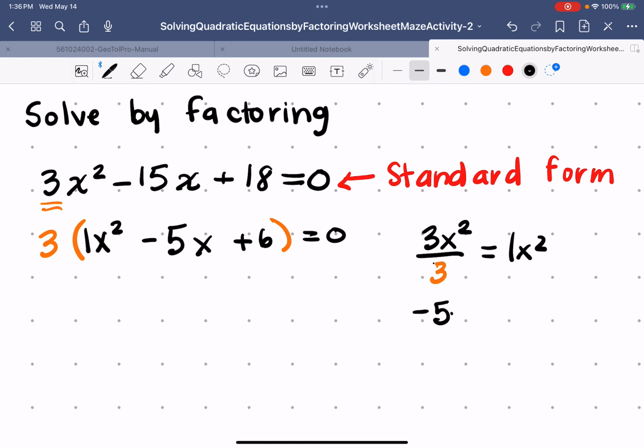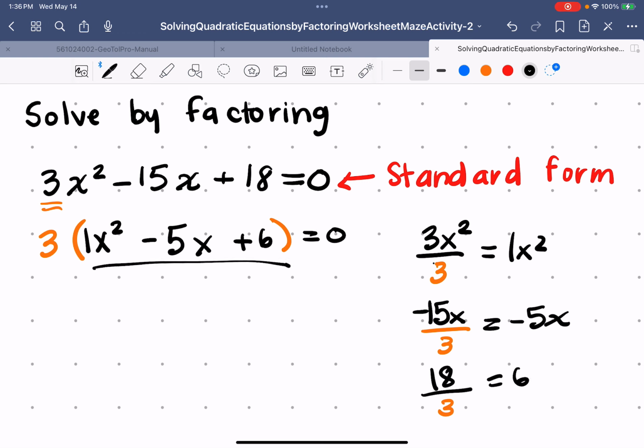If we divide the next term, 15x, by 3, we get negative 5x. And the last term, we have to do this to everything, divided by 3, that's 6. So that's where these came from.